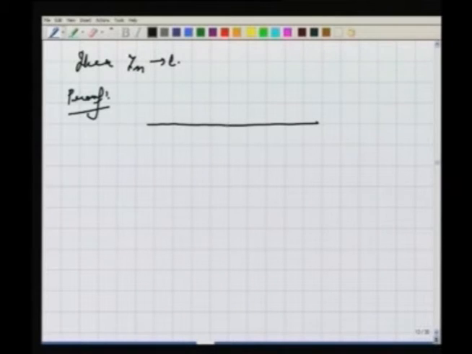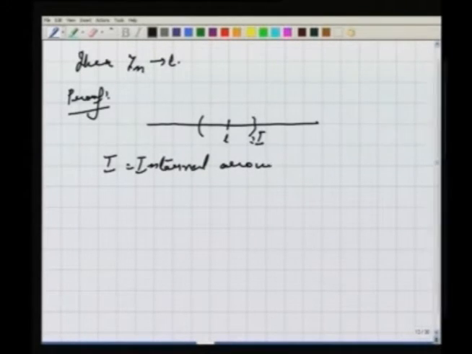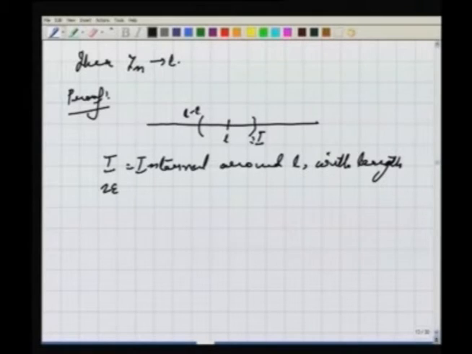This is the real line, this is L. I choose an interval I of length 2 epsilon around L. That means this is L minus epsilon, this is L plus epsilon.